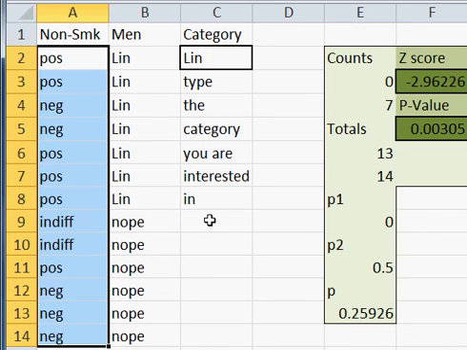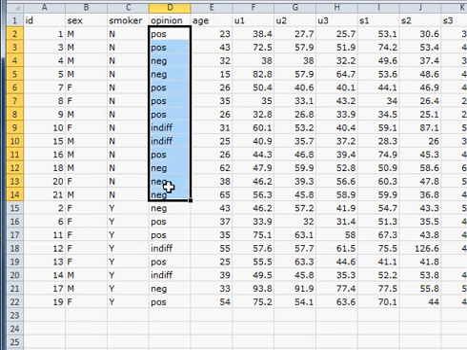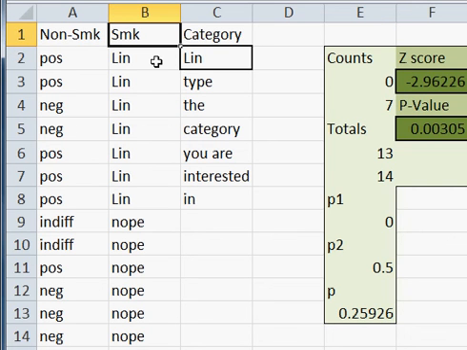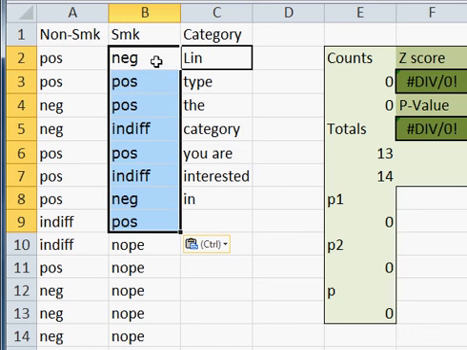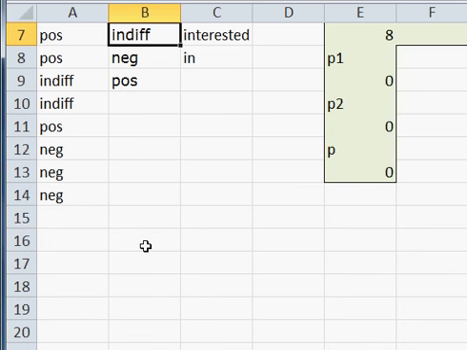There we've got some of those. And now let's look at smokers. So these are smokers here. We don't want any leftover data.